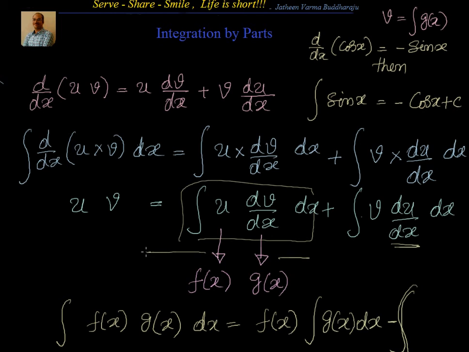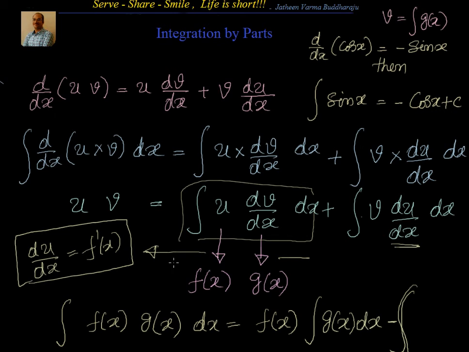If u equals f of x, then du by dx is f dash of x. So I can write it as f dash x and multiply that with v. v is nothing but the integral of g of x dx. So that is the formula to find the integral of two functions.